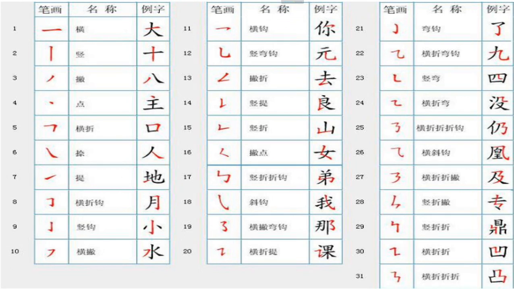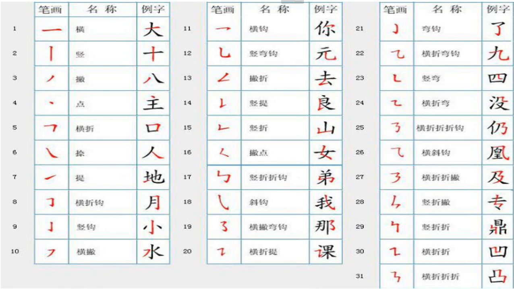地, land. 横折钩, 月, moon. 竖钩, 小, small, from the up to the bottom. Okay, next, 横撇, 水, water. 横钩, 你, you. 竖弯钩, 圆.